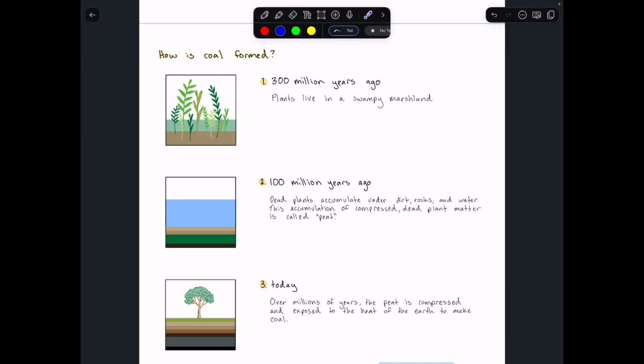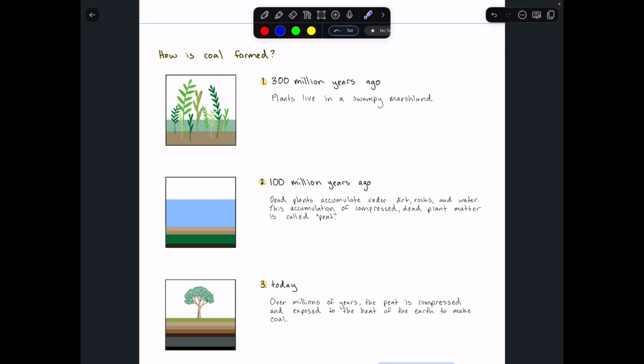And over the period of hundreds of millions of years, these dead plants accumulated at the bottom of this swampy marshland, and they were covered by dirt, rocks, and sediment. And all of this, dirt, rocks, and sediment, plus the water of the swamp, compressed this dead plant matter into a carbon-rich substance called peat.